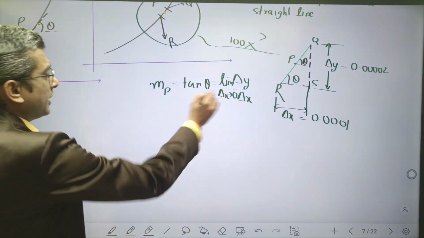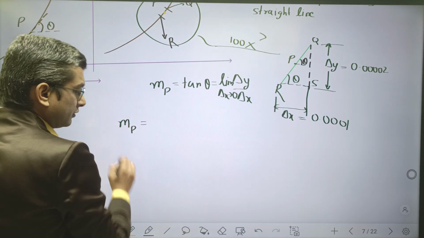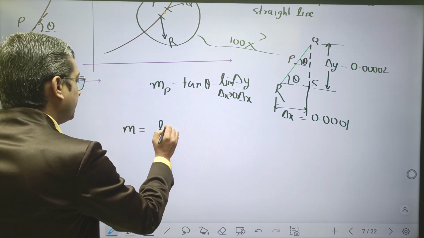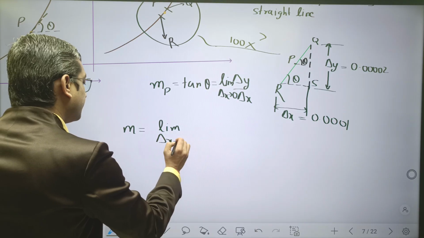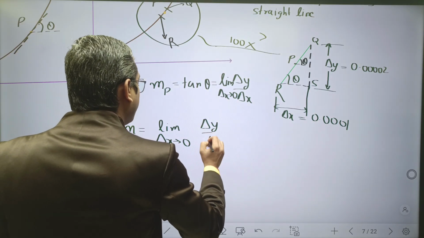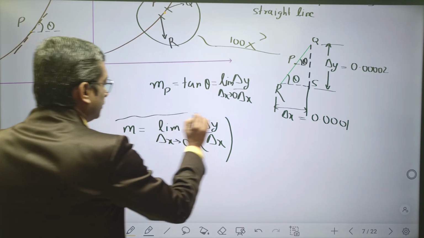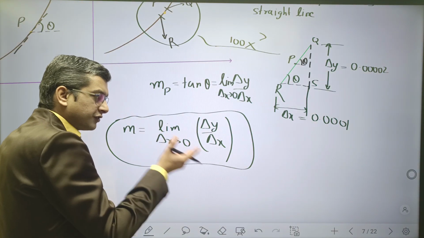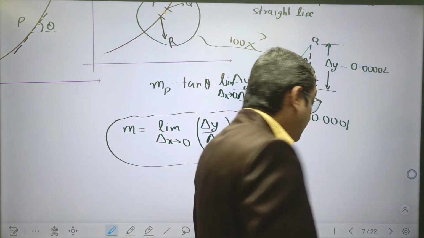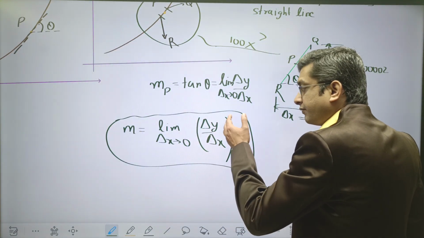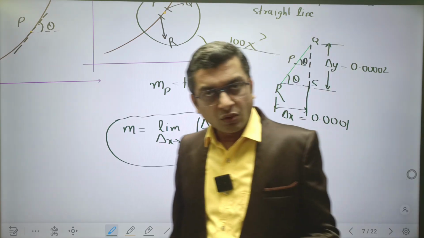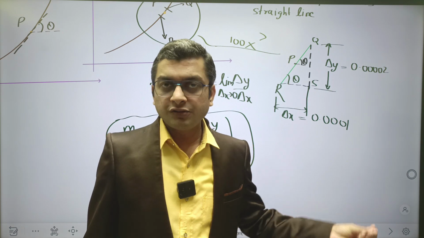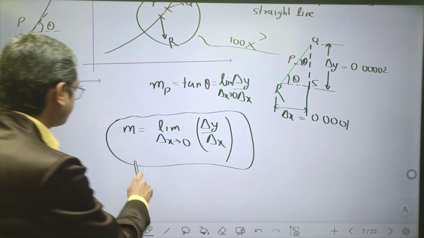So this is the formula, I am writing it. The instantaneous slope at any point is given by m is equal to limit delta x tends to 0 of delta y by delta x, isn't it? So this is how we write. Why do we put the limit delta x tends to 0? Because the values delta y and delta x are very, very small, approaching 0, so these values are known as infinitesimally small.